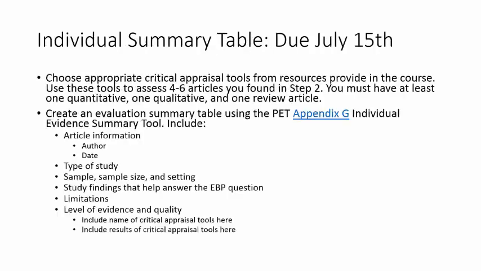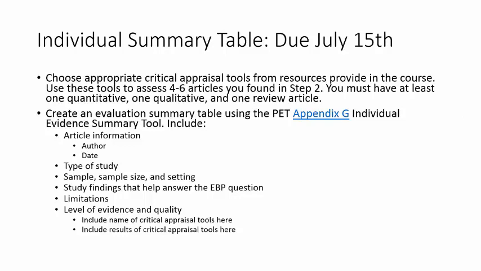critically appraise that. There is an additional assignment due, and it's due July 15th, and this is the individual summary table. So what I want you to do is to take 4 to 6 of the articles that you found in last week's class when you were doing your search of the databases, and critically appraise 4 to 6 of these.